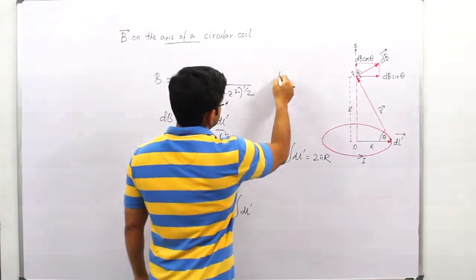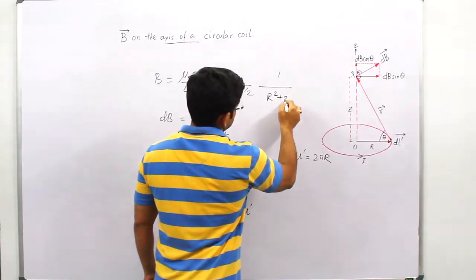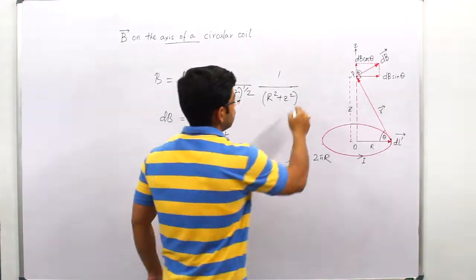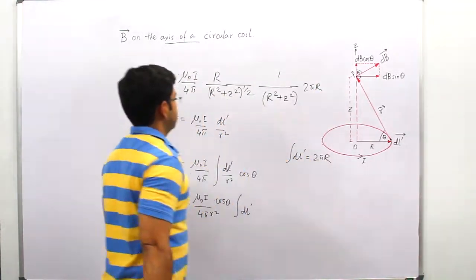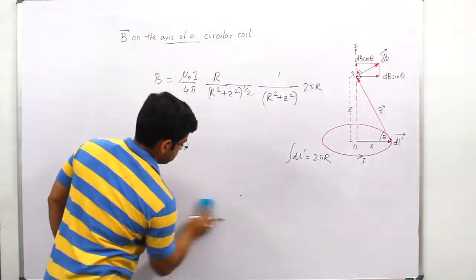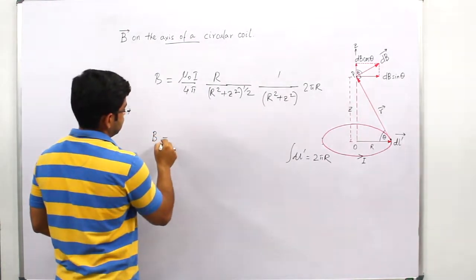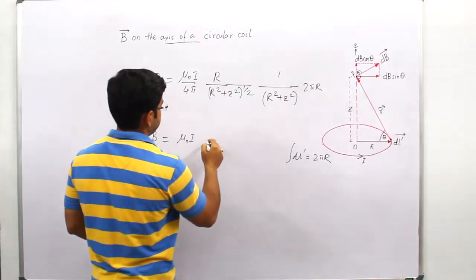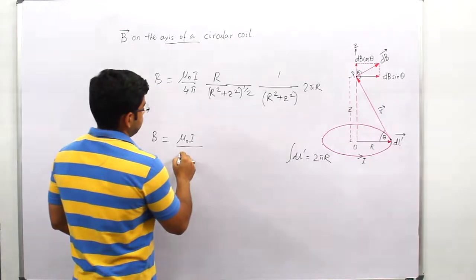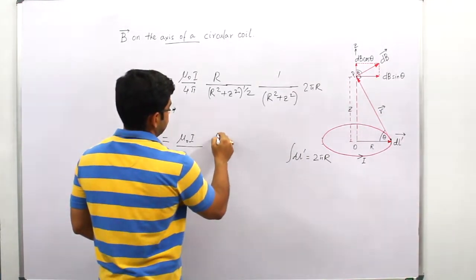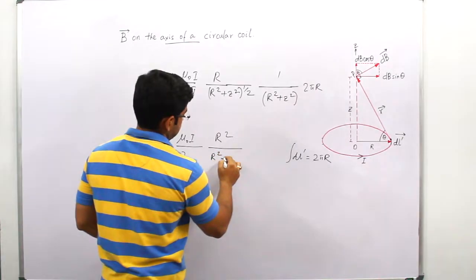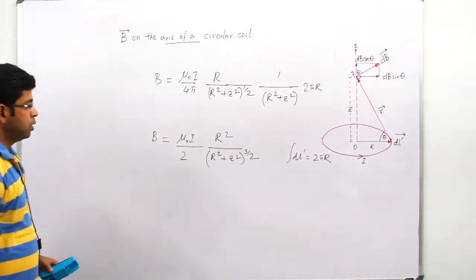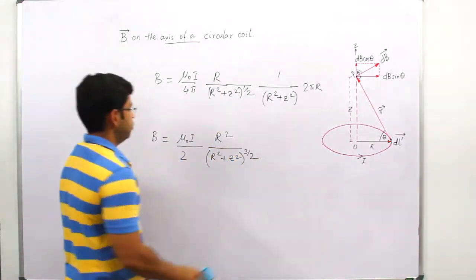This 1 by r square can similarly be written as R square plus Z square, and we are left with 2 pi R. So simplifying, this is the final expression for the magnetic field.